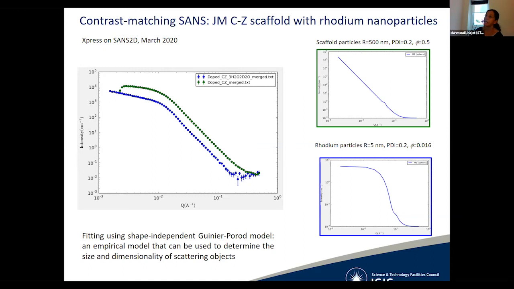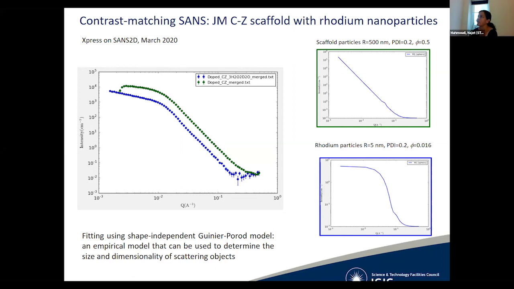As you can see here, there is barely any difference between the two signals, the one coming from the pure powder and the blue one from the powder soaked in or wetted with a mixture of 60% H2O and 40% D2O, which was supposed to be very close to the match point of the scaffold particle.